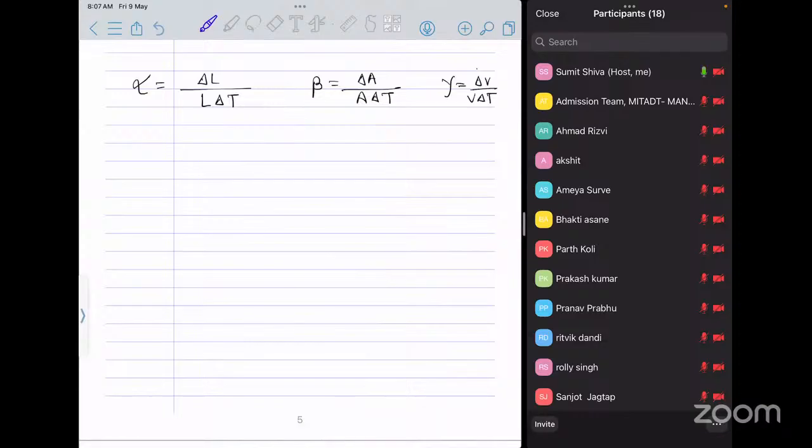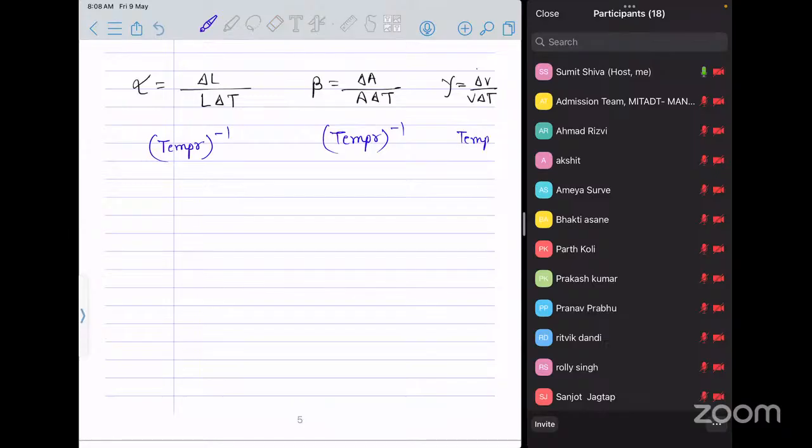So if you look at the unit for alpha, delta L is a length, and in the denominator we have length. So unit of length will cancel out by unit of length, which means we are left with unit of temperature. So unit of alpha, beta, or gamma will be unit of temperature inverse. If you are taking temperature in degree Celsius, it will be degree Celsius inverse.